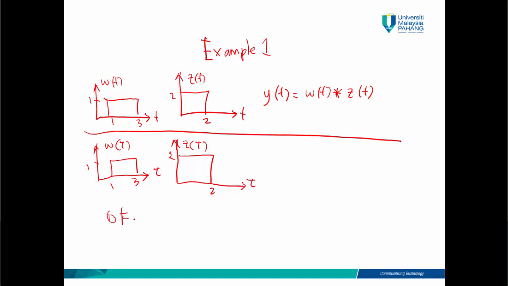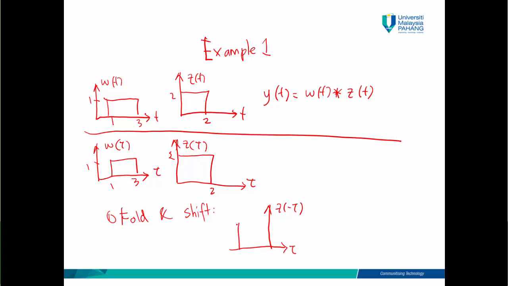First step, fold and shift. So we get the z signal. From here we fold the signal, so z(negative tau). This is the folded version of z(tau).